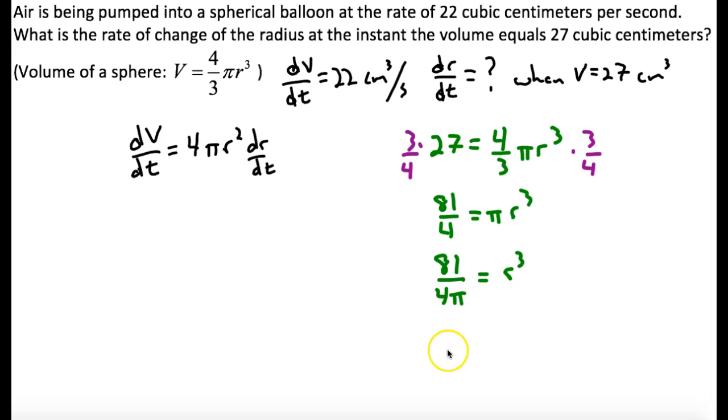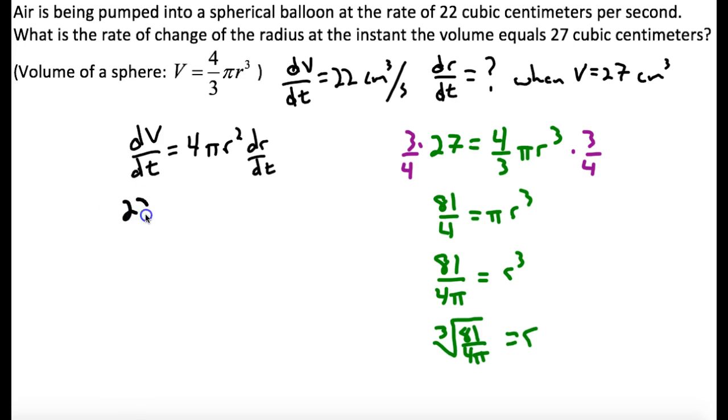Now just take the cube root of both sides, and we end up with this big ugly number. The cube root of 81 over 4 pi is equal to r. I mean, that's fair game to get a number like that. So now I have this piece of information that I can plug in over here. So I know dV/dt is 22.